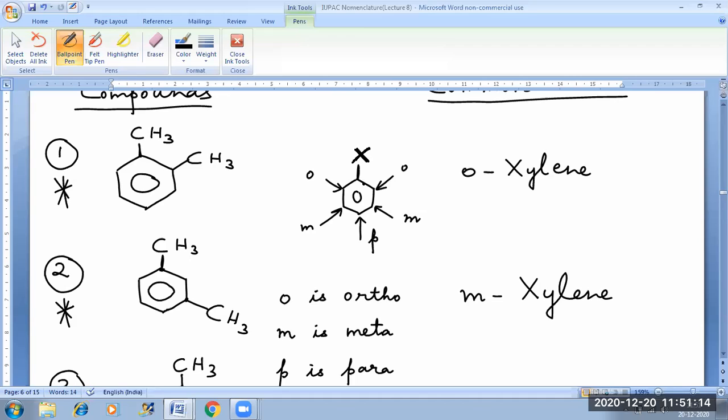Something which is attached to this carbon atom has been called X. If you look at the adjacent carbon atom, this is the ortho position, and that is why I have indicated it by writing small o here. Similarly, this is another ortho position, this one. So with respect to X, I have two ortho positions, the two adjacent carbon atoms.